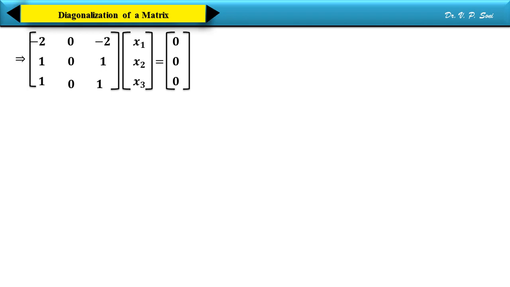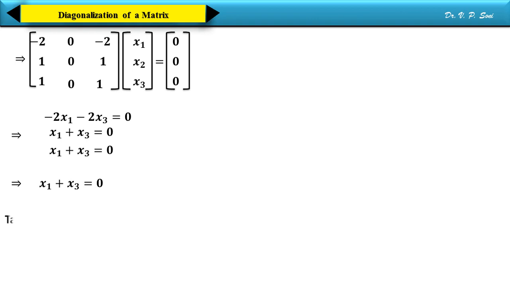Now multiply matrix A minus lambda I and X, then we get minus 2 x1 minus 2 x3 equal to 0, x1 plus x3 equal to 0 and x1 plus x3 equal to 0. Thus we have only one equation, x1 plus x3 equal to 0. Now we have only one equation and there are three variables.